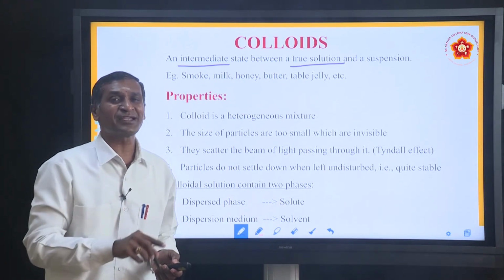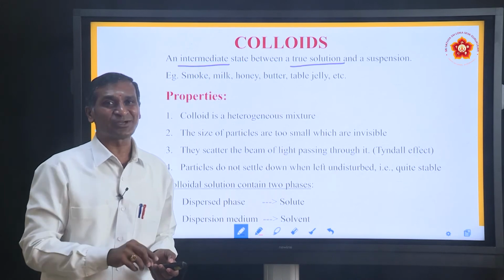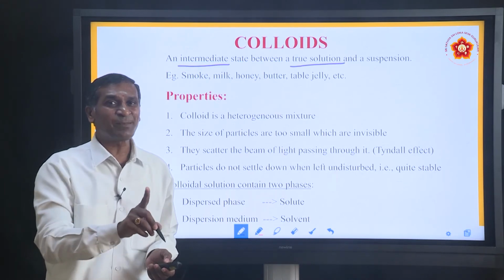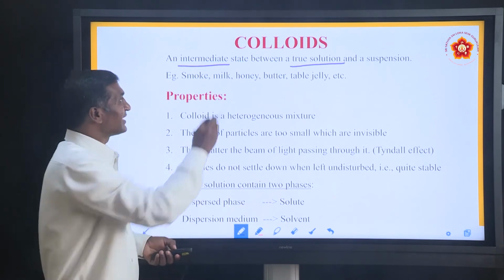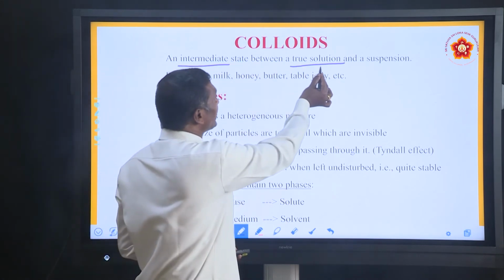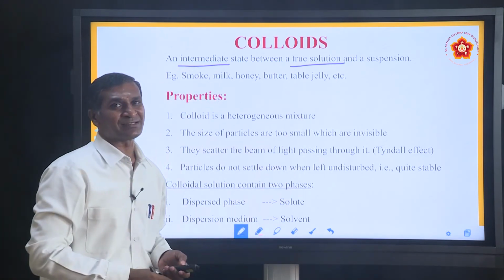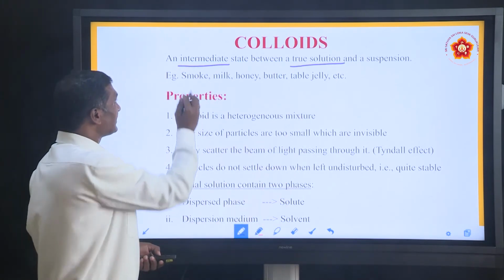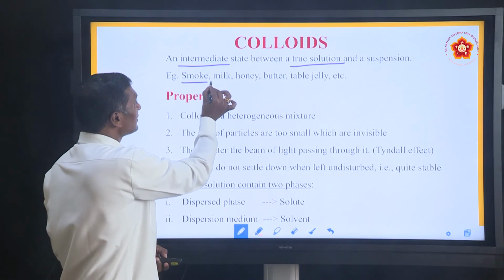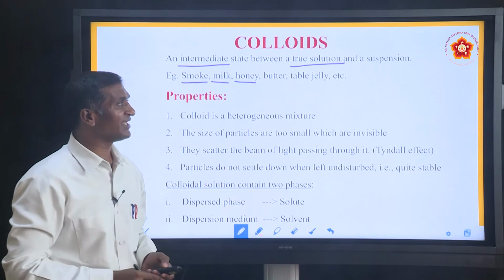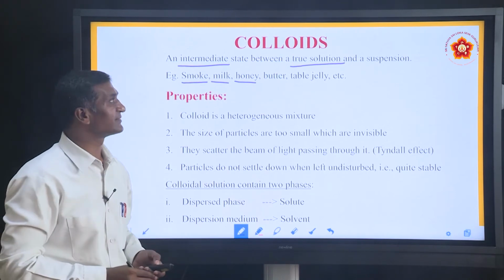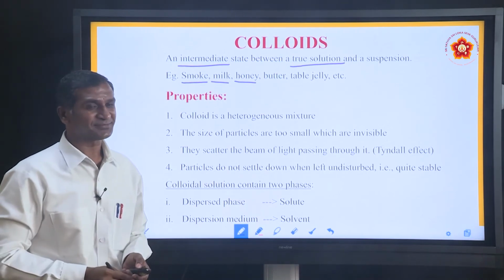And the third beaker had sand and water. So, the middle beaker is a colloid. It's an intermediate state between a true solution and a suspension. Examples: smoke, milk, honey, butter, table jelly, etc. They are the examples of colloids.